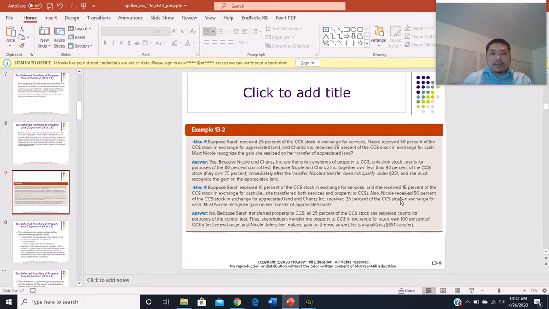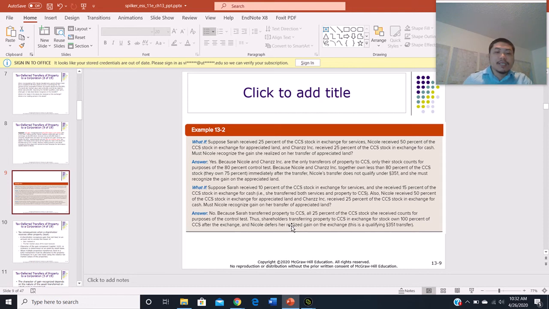That's why we have 15% plus 50% plus 25% here. So this transfer can be considered as section 351, and so Nicole doesn't have to recognize any gain on the transfer.